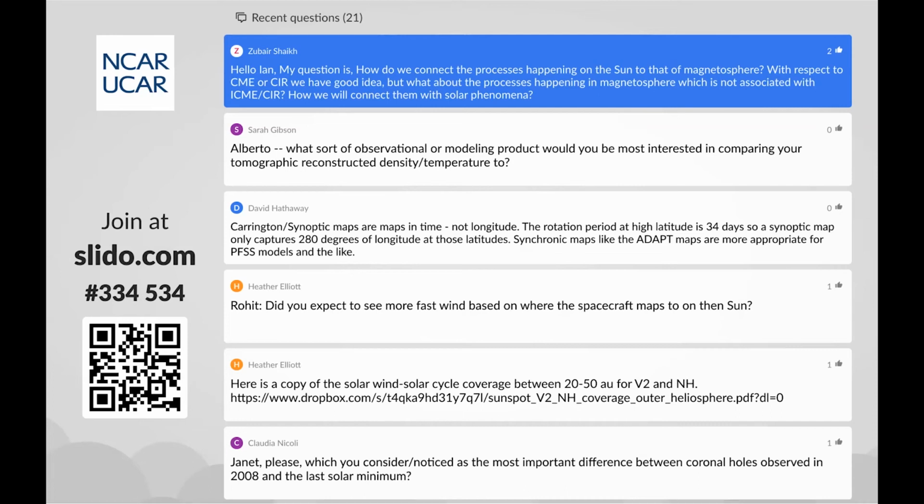But how can we understand the effect of, for example, high-speed streams from the sun to the magnetosphere? Because in between a lot of interactions can take place, and we do not have the facility with which we can trace the high-speed stream from the surface of the sun to the L1 position. So how do we do that?